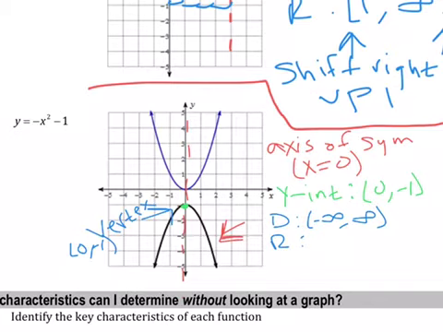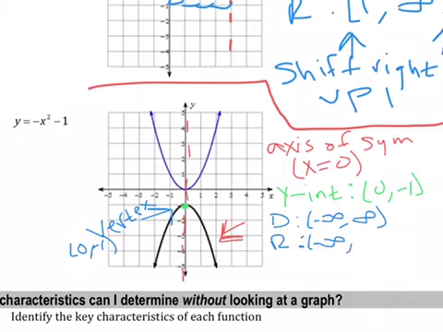The range is going to be a little different now, because its lowest value, well, we can't really tell because it keeps going so far down. That one is not necessarily restricted. So we're going to label its lowest value as negative infinity because it keeps going in that direction.